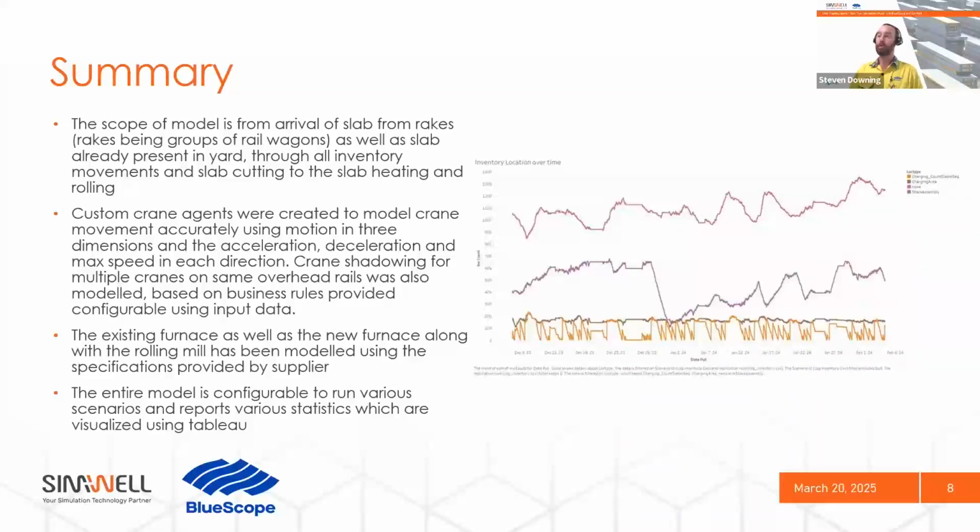The entire model, as I said, is configured to run these various scenarios and to produce a lot of reports and a lot of statistics, so we can compare each individual asset component's real-life results to what we simulated, to build our confidence in what we were seeing.